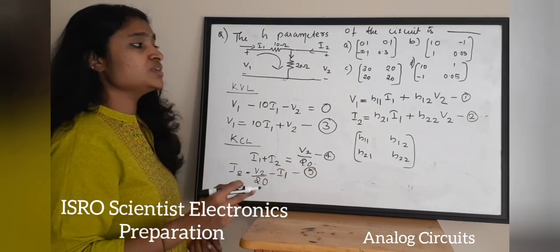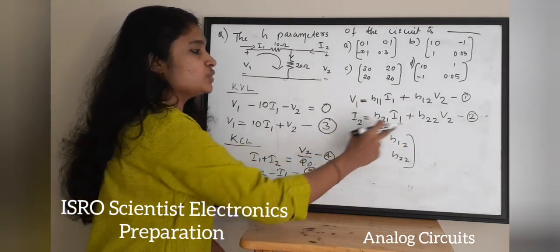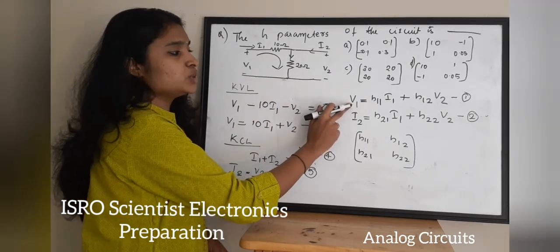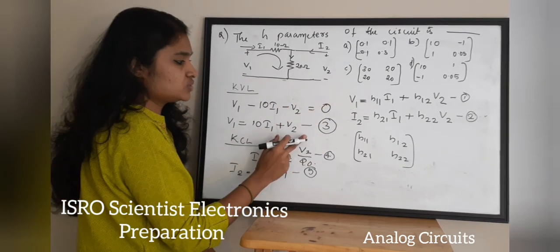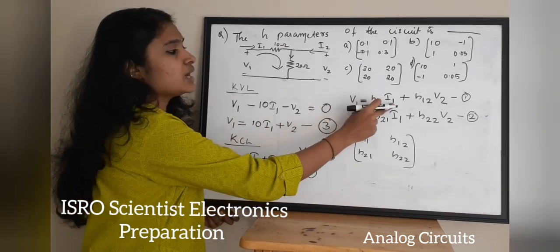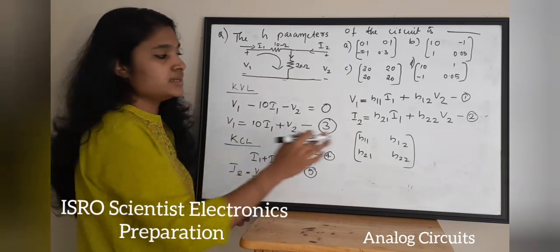Now, in order to find H11, H12, H21, H22, I'm going to equate these 4 equations. By looking at your equation number 1 and your 3, V1 is equal to H11 I1. Here it is 10 I1. So what is the value of H11? It is 10.